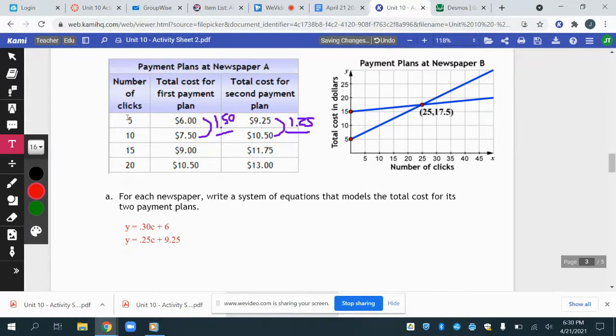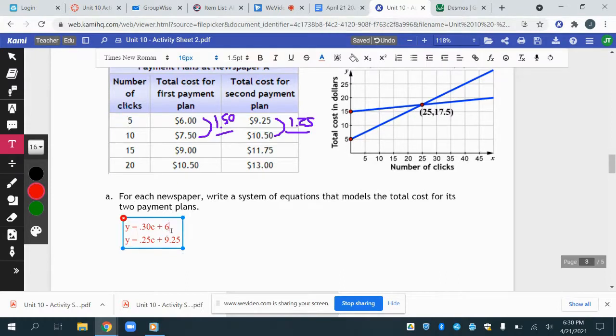We actually have 5 clicks to start out with, so this number's wrong. Because I have to take away 5 clicks. I have to take $1.50 away from that. 4.50. And then you pay 5 clicks. After 5 clicks, now you're up to 6. And this one doesn't start at $9.25. It takes 5 clicks to get to $9.25. It actually starts at $8.